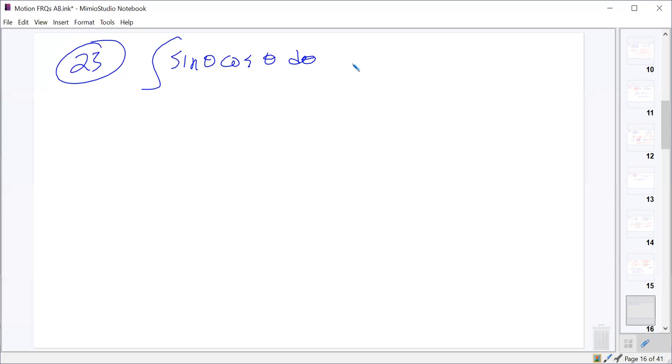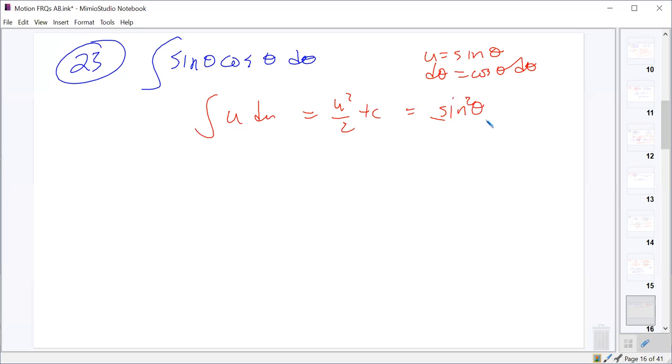First, the first thing I would probably do if I was doing this one is I would just let u equal sine theta. That'd make du cosine theta d theta. So I'd have the integral of u du, which should be pretty easy. Should give us u squared over 2 plus our constant, or sine squared theta over 2 plus your constant.